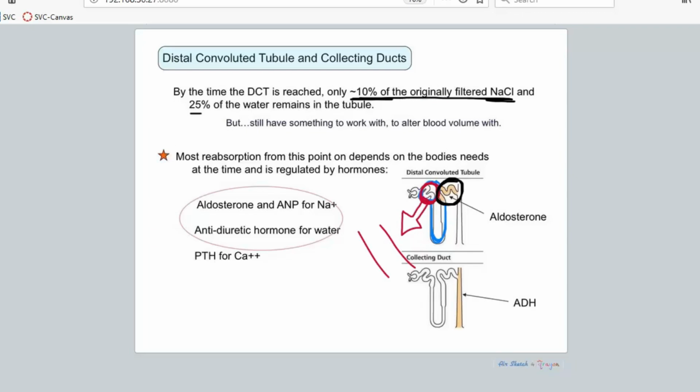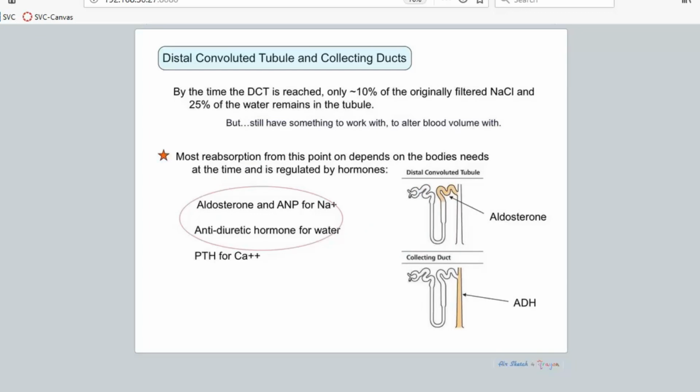We also have about 25% of the water that we originally filtered left at the distal convoluted tubule. So by the time that the filtrate reaches this point, most of this reabsorption is going to be dependent on the body's needs at the time, and it's going to be regulated by hormones.